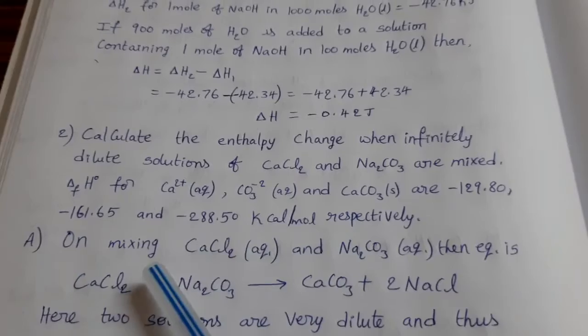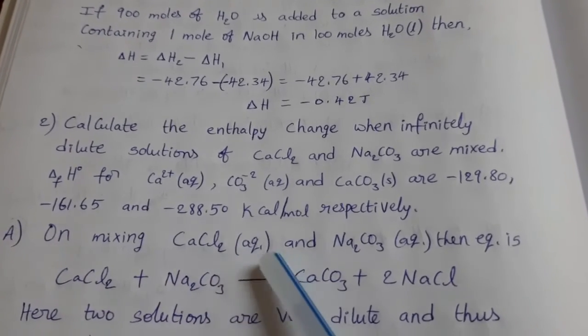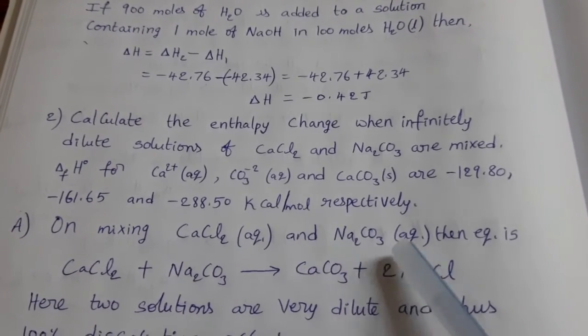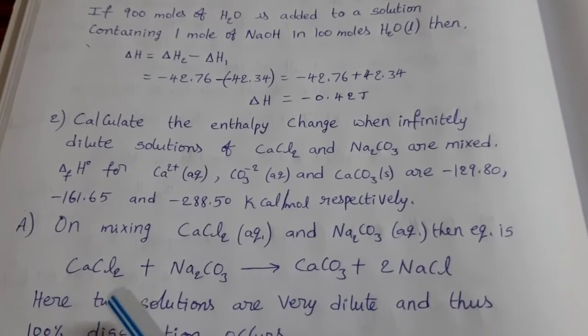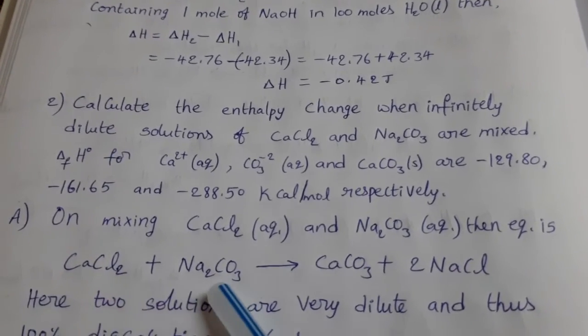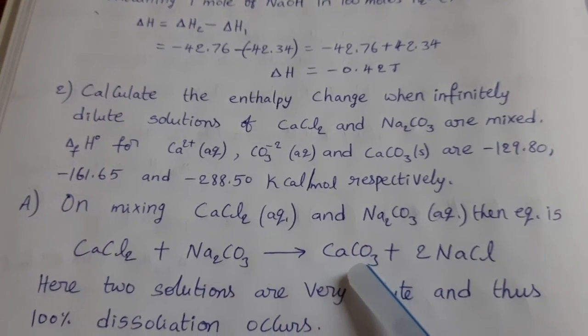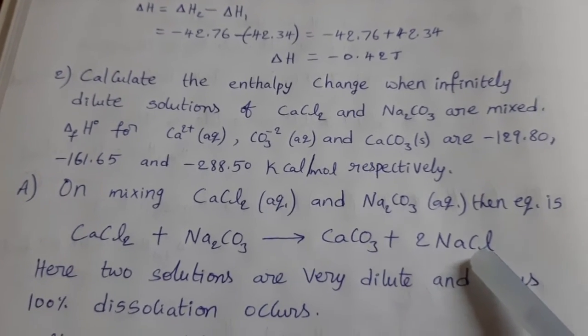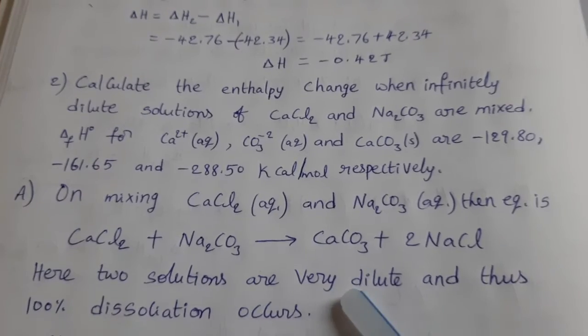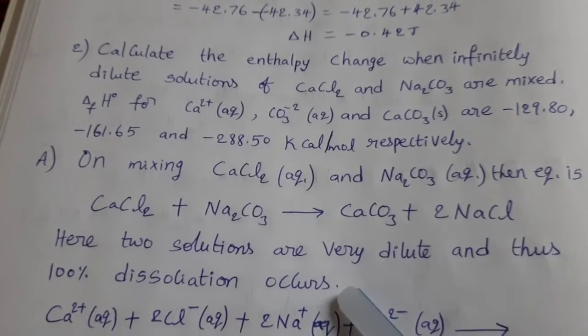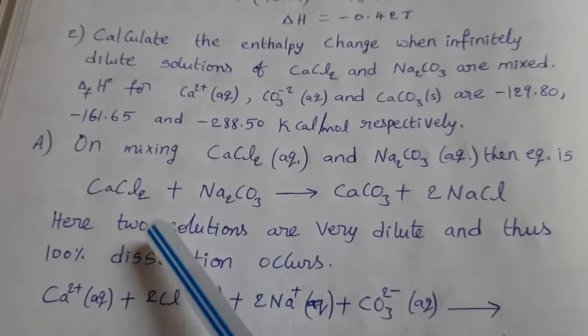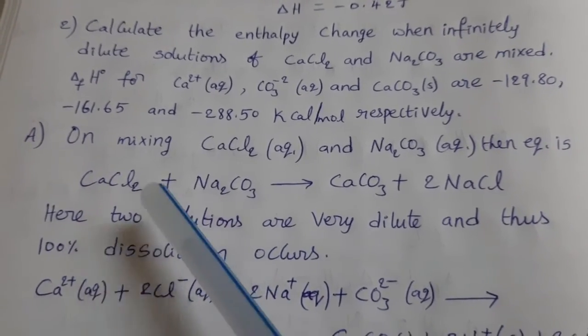See this, on mixing CaCl2 in aqueous state with Na2CO3 in aqueous state, the equation is CaCl2 plus Na2CO3 gives rise to CaCO3 plus 2NaCl. Here two solutions are very dilute and thus 100% dissociation occurs. So in aqueous solution, what are the available ions?